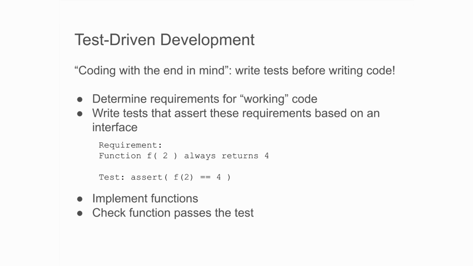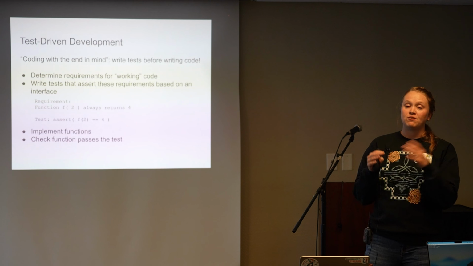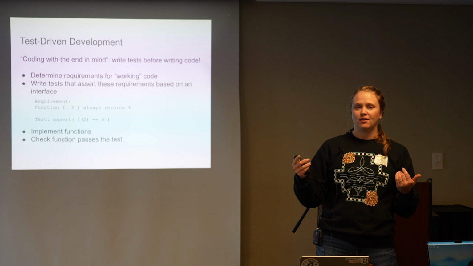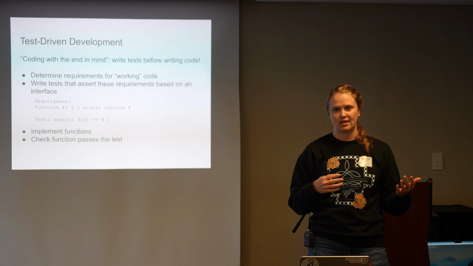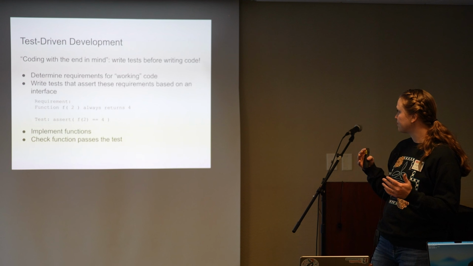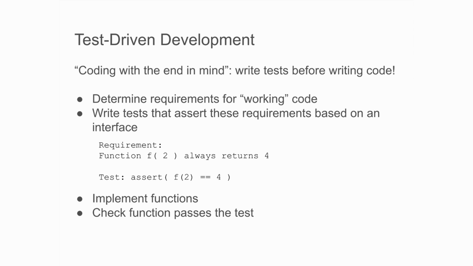So maybe you wrote something and you go back and look at your function, you're like, I think I can make this more efficient, and you change it a little bit. But if you didn't have a test, how do you know that you didn't mess up the functionality that you had before? So that's one good way to use test-driven development, or a benefit of it.